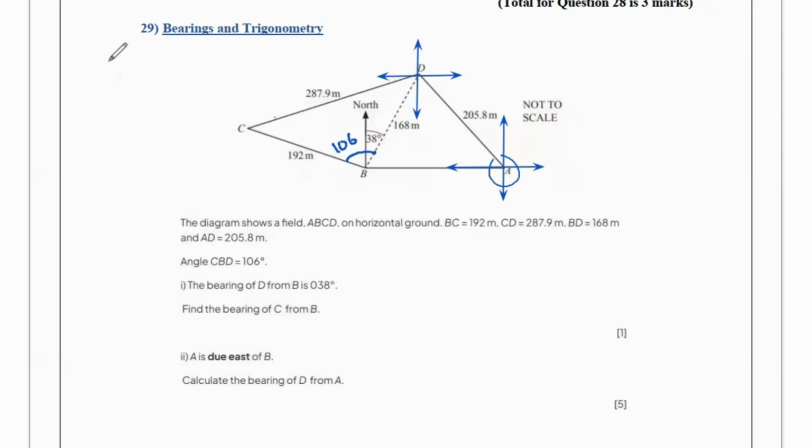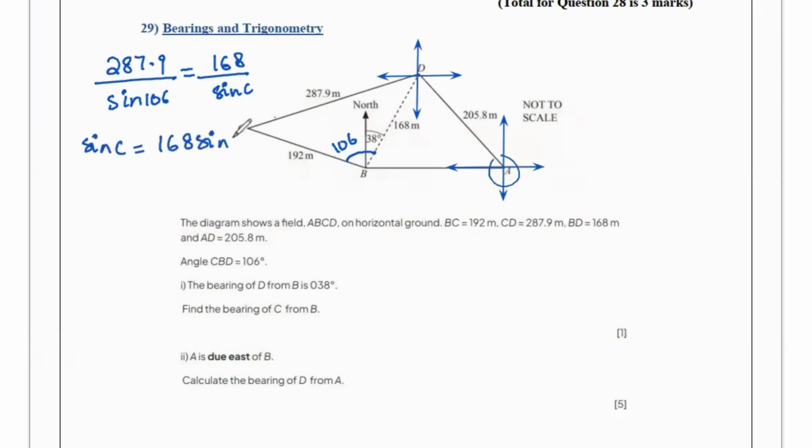So our equation is going to be 287.9 divided by sine of 106, and that is going to equal 168 divided by sine of angle C. This is what we're trying to find. So using this equation, we find the value of angle C. So sine of angle C equals 168 times sine of 106 divided by 287.9, which gives us 0.5609.